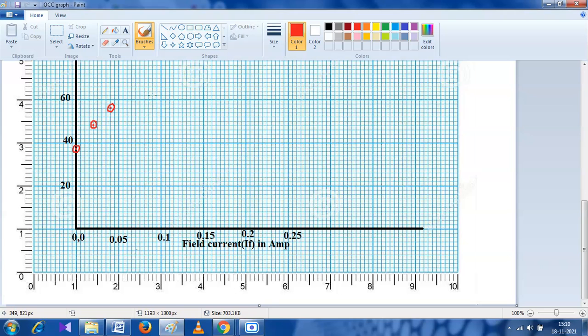The next reading is 26 and 66. This one.